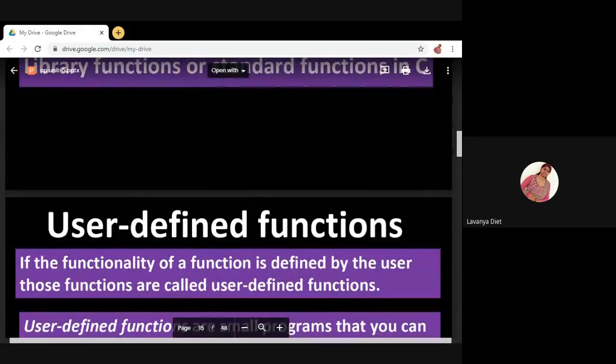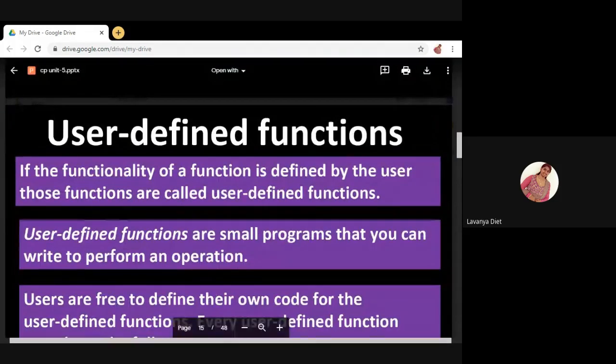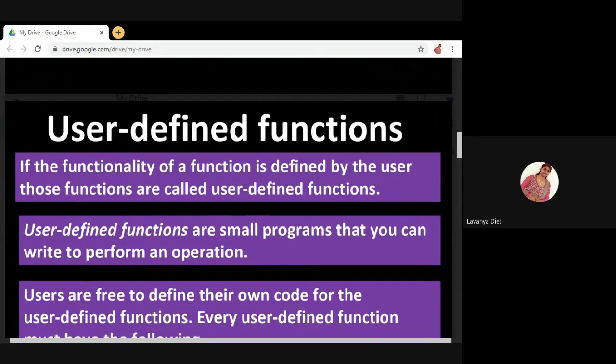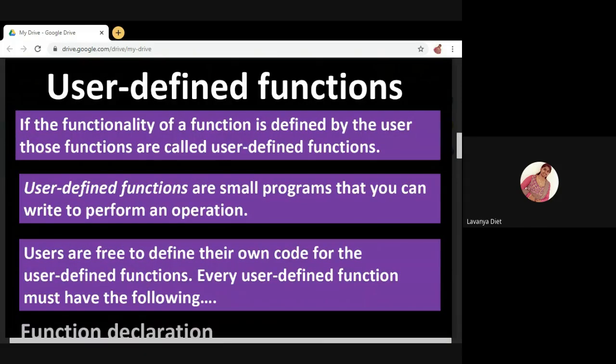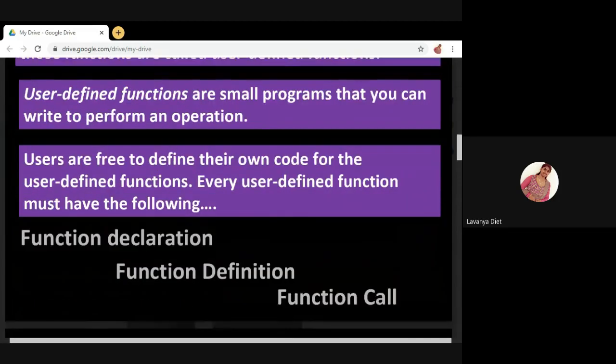Now, the next type, user defined function. The name itself specifies that the user will define the function. That means you have to write code for these functions. Already I have said a function is nothing but a piece of code which contains some set of statements. User defined function means you have to write some piece of code or set of instructions.